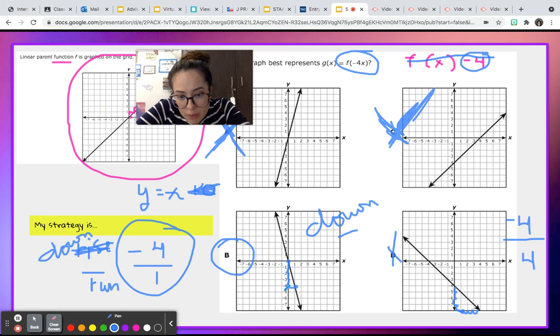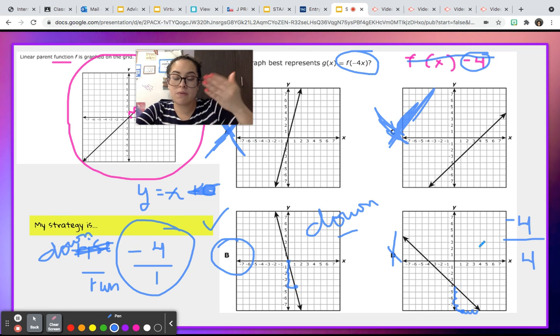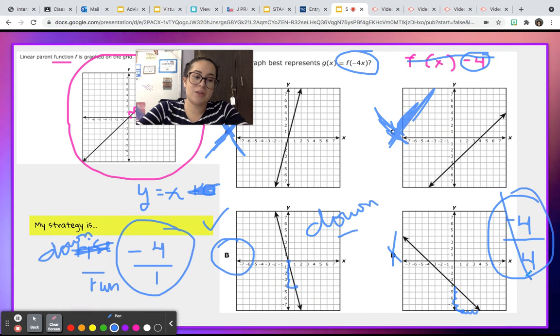Plus, I went down 4 and across 1, and that was a correct slope. Letter D was not correct because the rise and run should have been -4/1, but in this case, it was -4/4, which is not correct. It should have been -4/1. Okay?